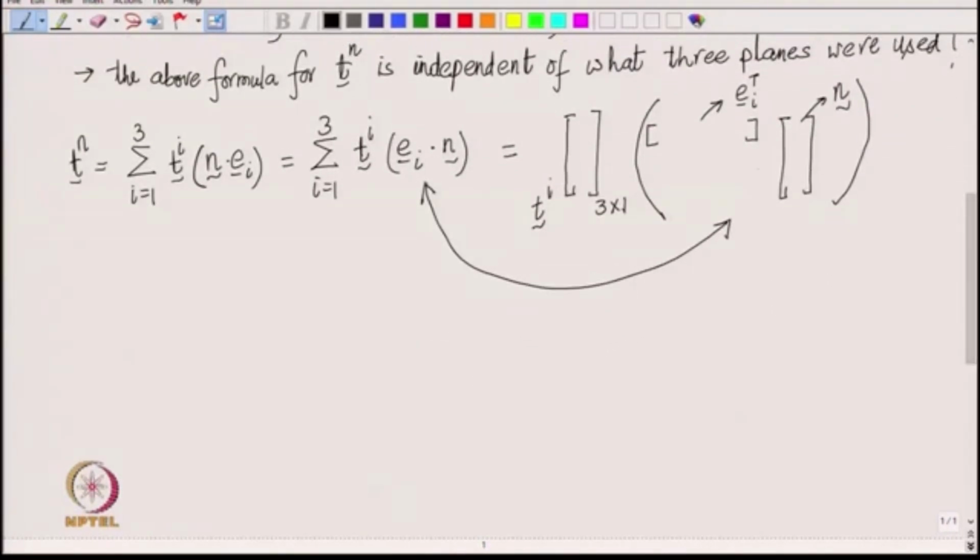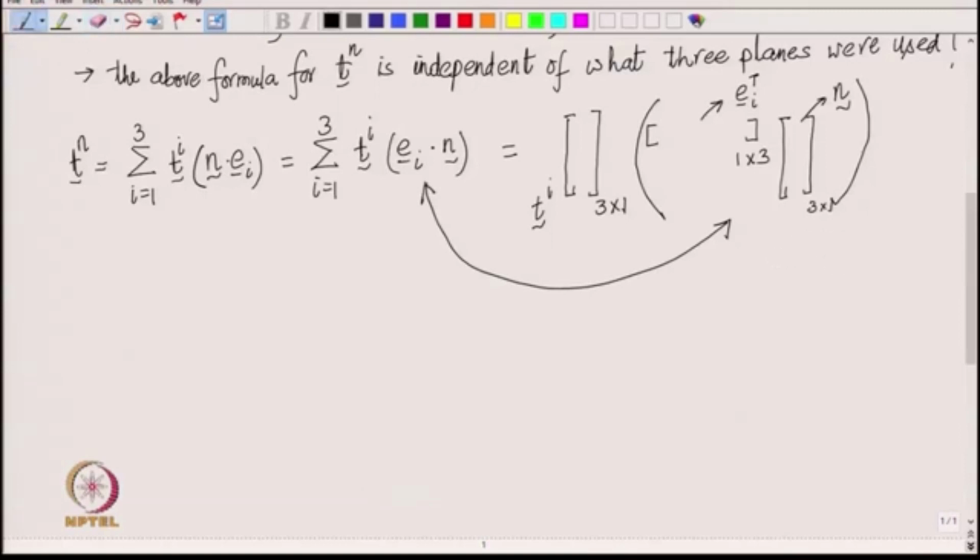So, on the extreme right side we have the 3 cross 1 Ti, then the 1 cross 3 Ei transpose and the 3 cross 1 vector n. Within the bracket, the 1 cross 3 times 3 cross 1 gives a 1 cross 1 scalar quantity, the normal dot product. Dot product gives you a scalar quantity.